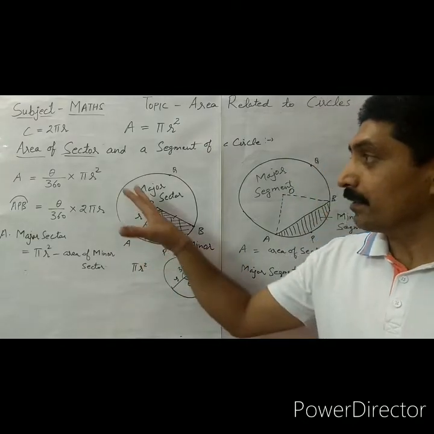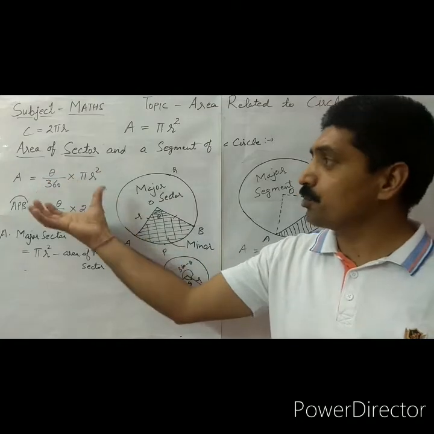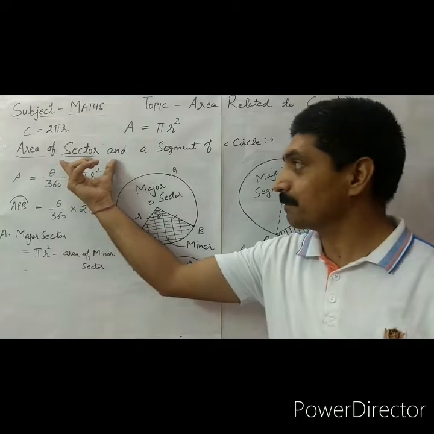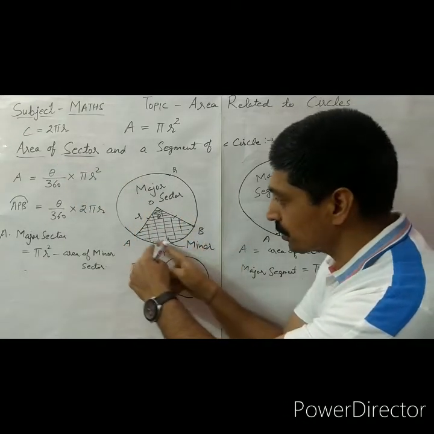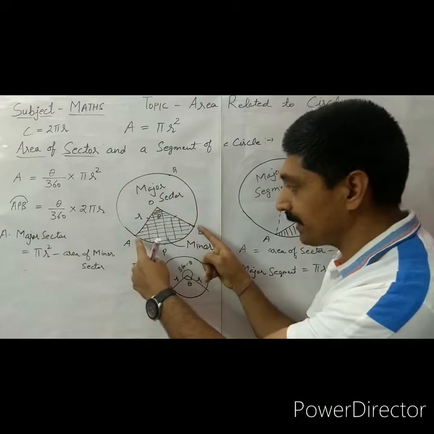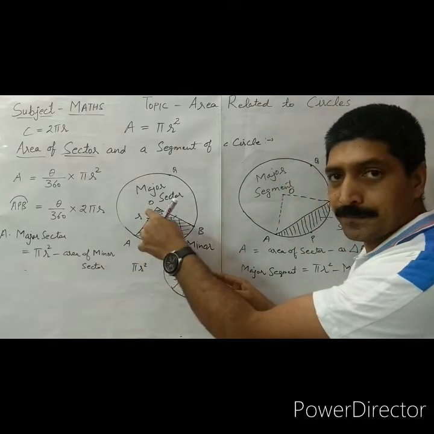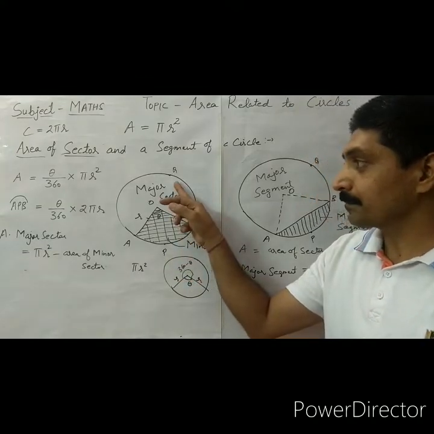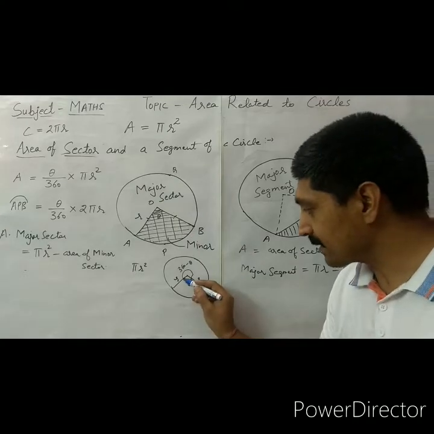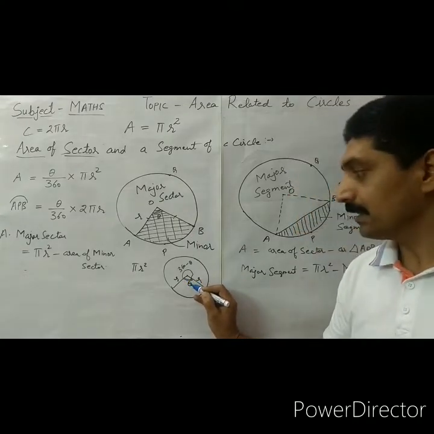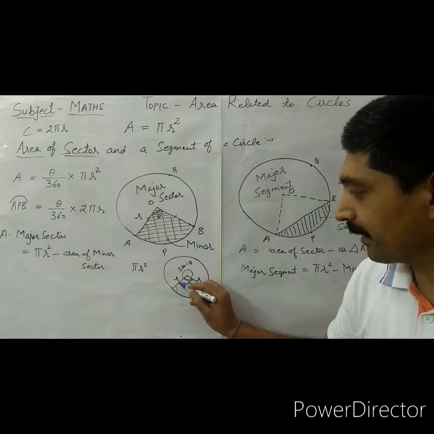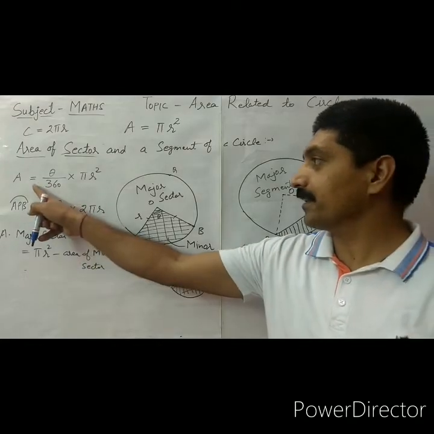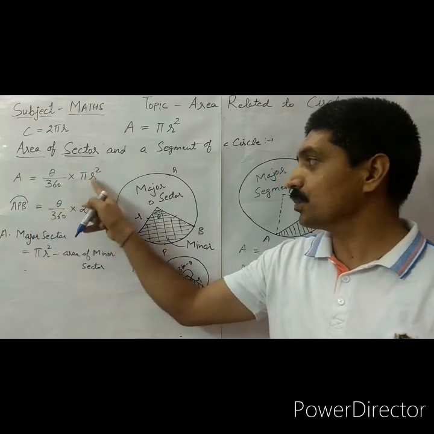So let's again recapitulate the concept, the area of sector and segment. What is a sector? A sector is the portion enclosed by the two radii and the corresponding arc. So we have a minor sector and a major sector. If the angle subtended by the two radii is theta, the area of the sector is theta upon 360 into pi r square.